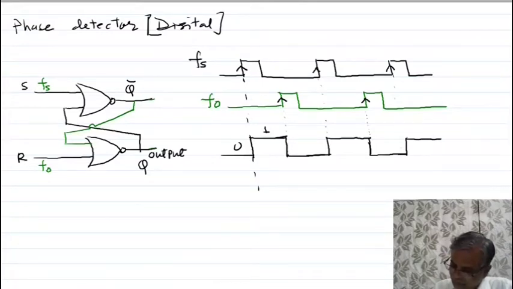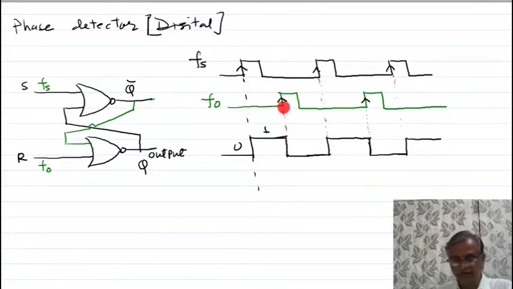See here, this is the input signal. This is the signal from the VCO, which I have given at the reset point, and the input signal is given to the set point. When the input signal changes state, the output changes state.